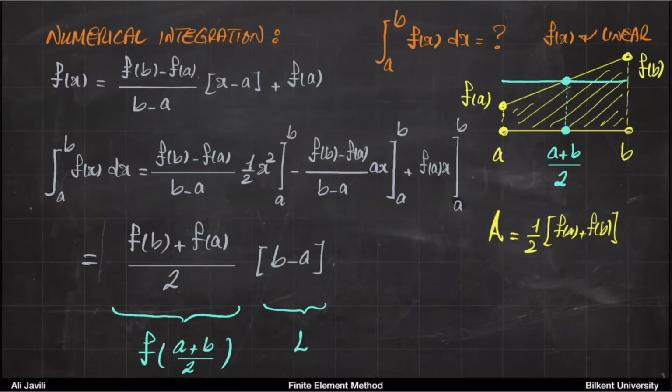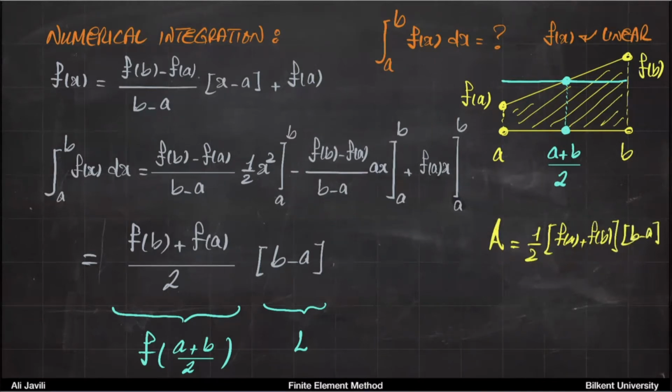Multiplied by b minus a. So the way you learned this in school was always to add these two together, divide it by 2, and then multiply it by this height, basically, or width in that sense. What I'm trying to say is that that's correct.